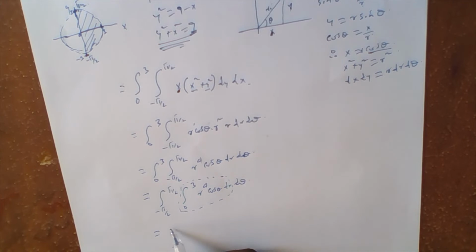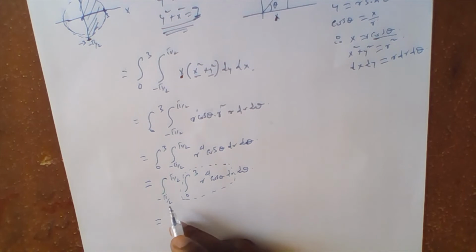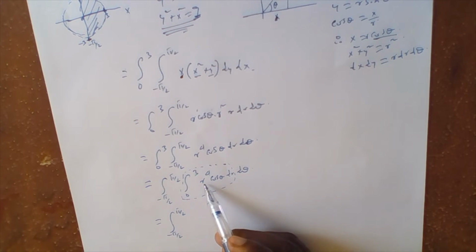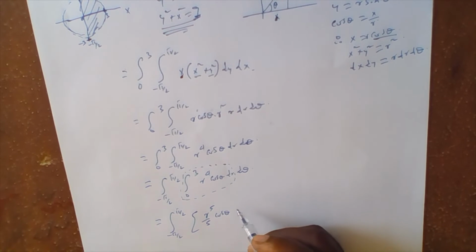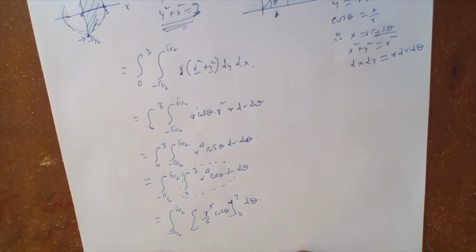So this will be equal to the integral from negative pi over 2 to pi over 2. When we integrate with respect to r, this will be r raised to 5 over 5 cos theta, from 0 to 3, then d theta.